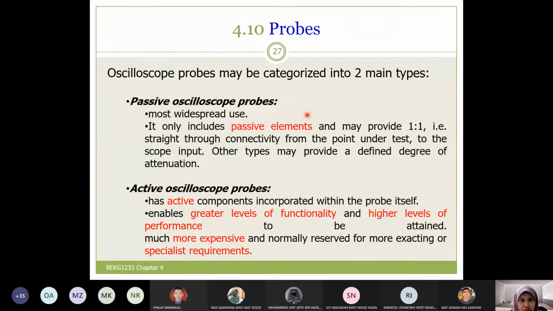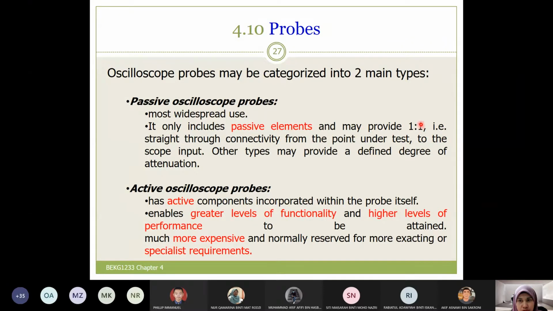This is probes. There are 2 types, passive and active probe. Passive is mostly used. It may provide one-to-one, meaning that this is the ratio of the signal coming to the oscilloscope.